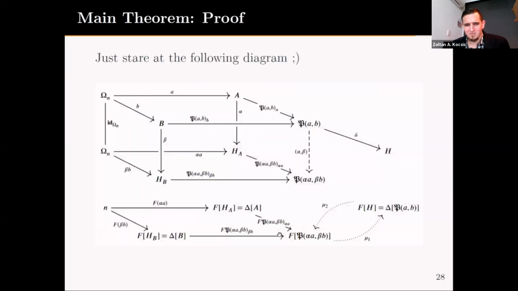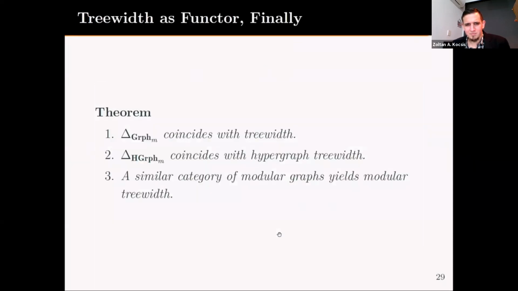Obviously, I won't give you the proof, but it's pretty cool. It involves this cool 3D diagram, so do check it out. It's nice. As I promised, it's actually easy to prove that delta graph M is actually Treewidth. So this looks promising.